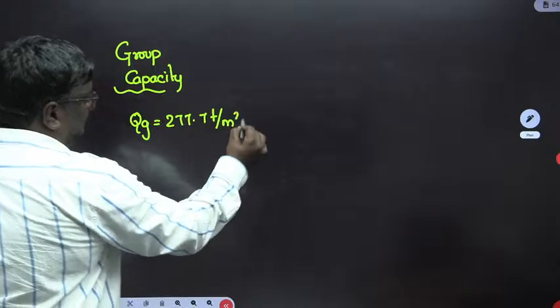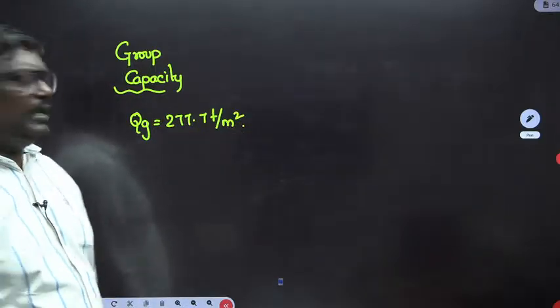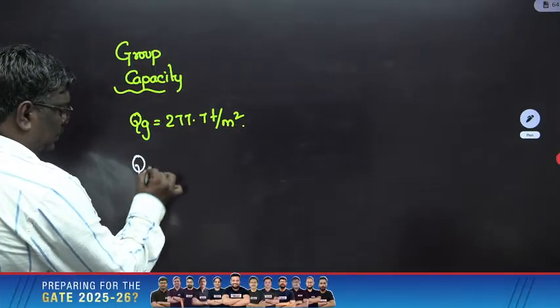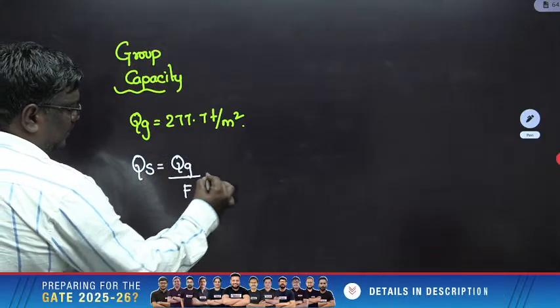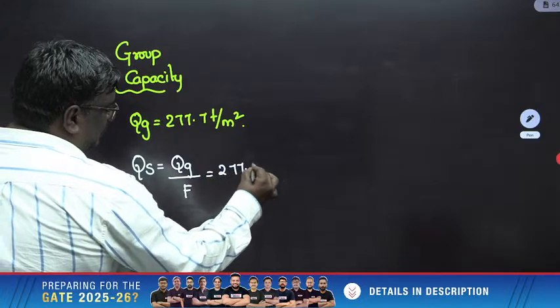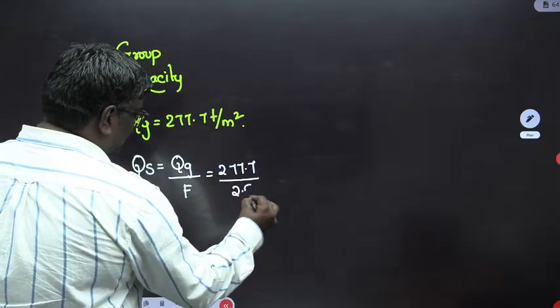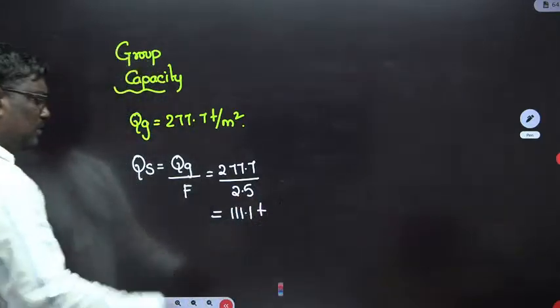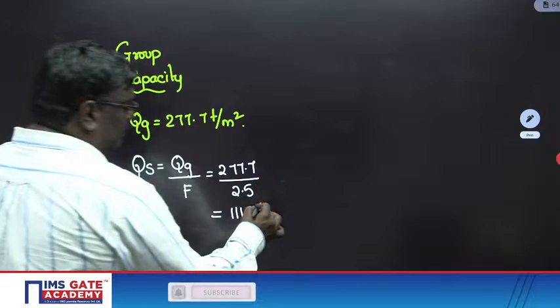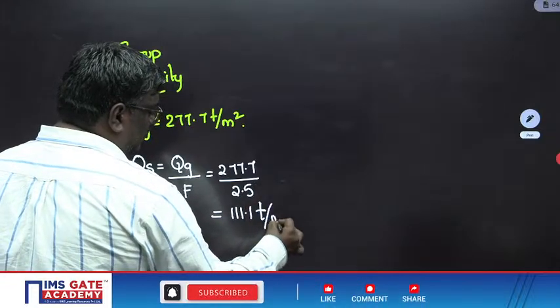But what have they asked you? They have asked what is the safe load. So safe load is equal to the group capacity divided by factor of safety. So it is 277.7 divided by 2.5.